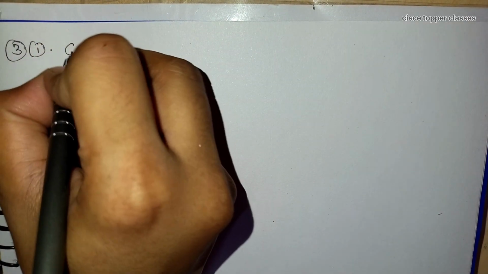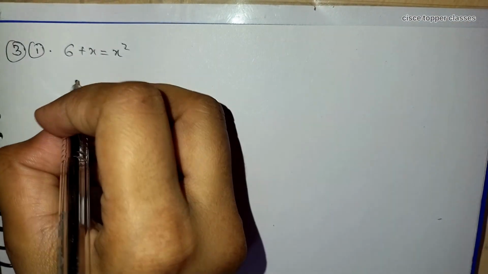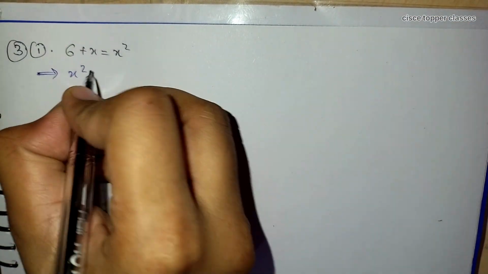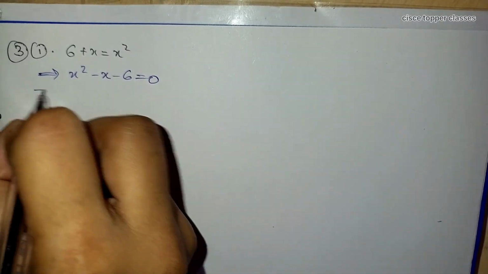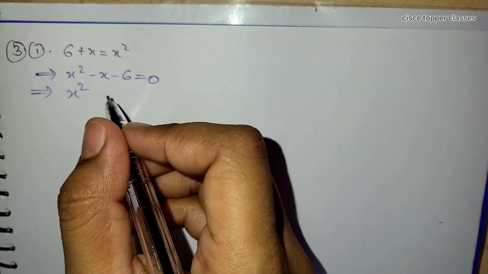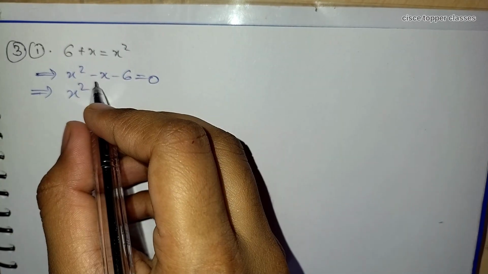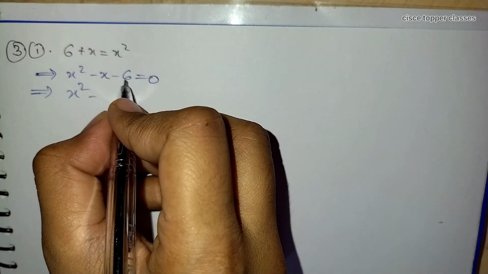Now let us solve the first part of question 3, which is 6 plus x is equal to x square. Simply we can write x square minus x minus 6 equal to 0. Now we solve this left hand side: the numbers multiply to 6 and combine to give minus x, so minus 3 into 2 is 6.